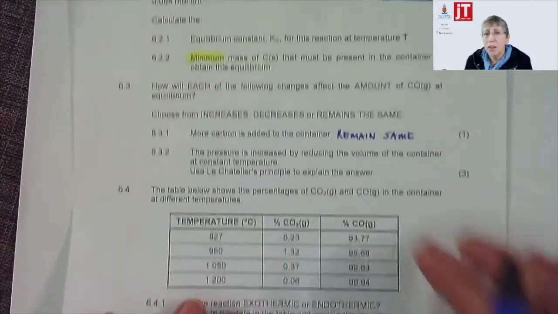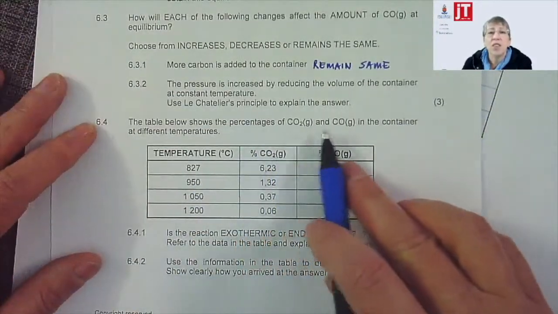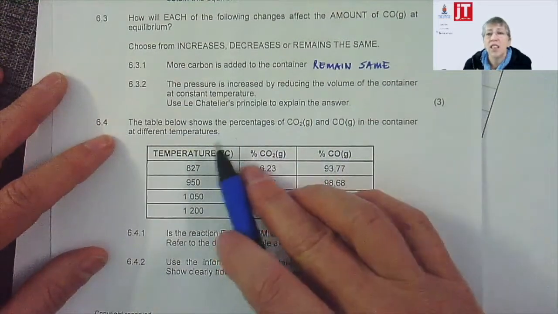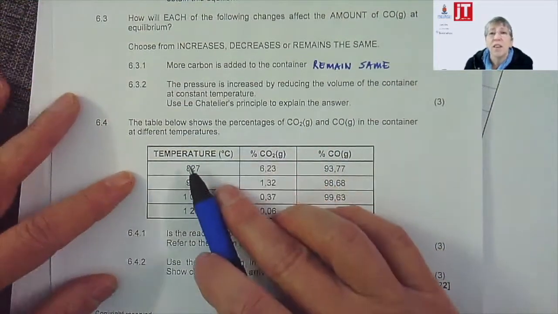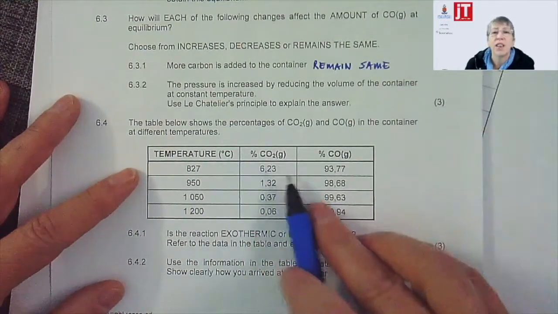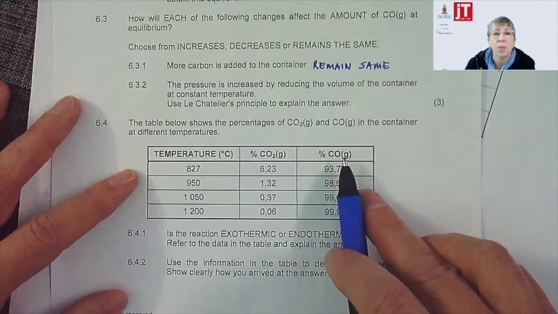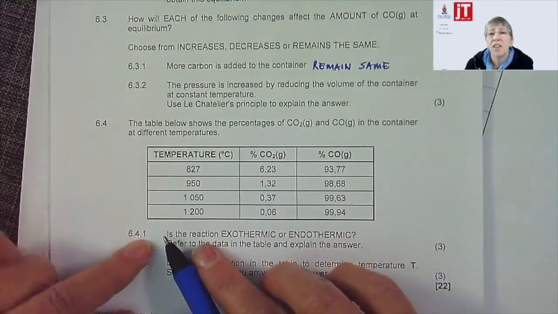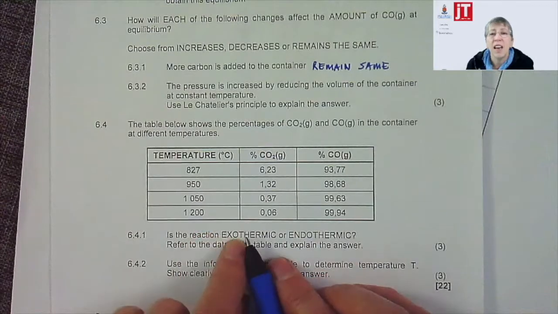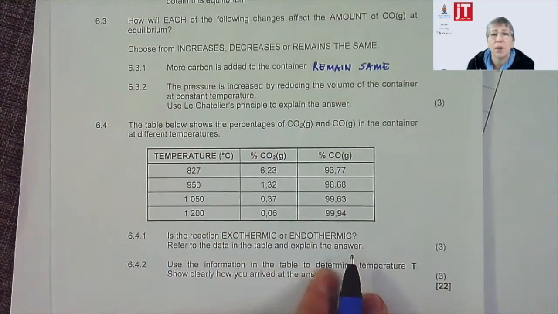Right, moving on. Now they tell us the table below shows the percentage of CO2 and CO in the container at different temperatures. At that temperature, there's 6.23% of CO2 and 93.77% is carbon monoxide. And now they ask, is the reaction exothermic or endothermic, and explain by referring to the graph.